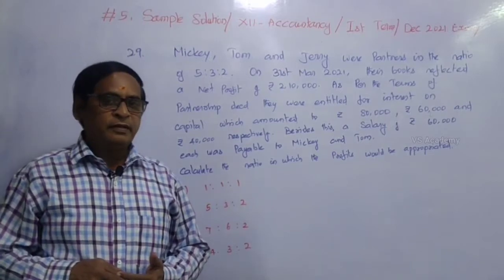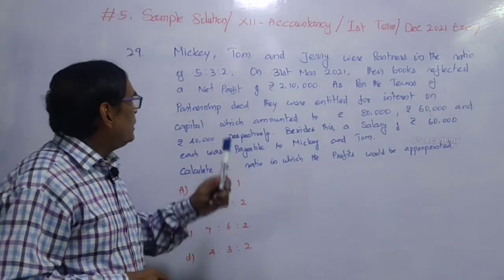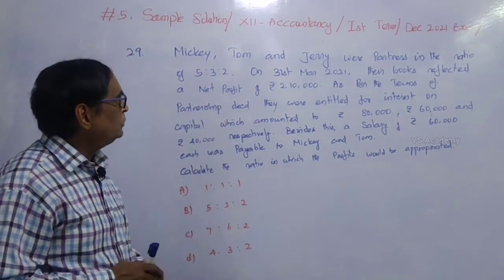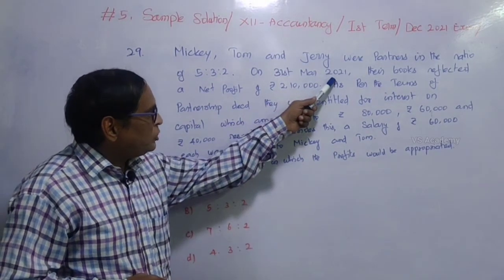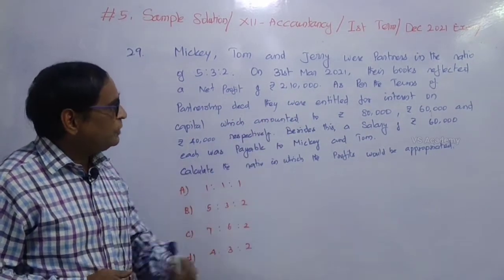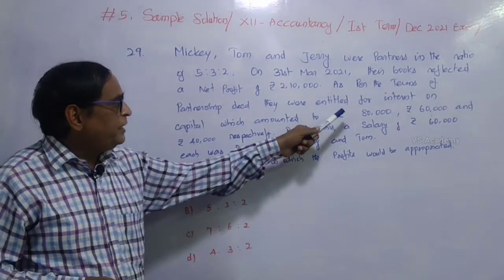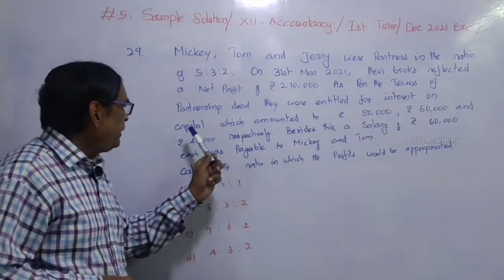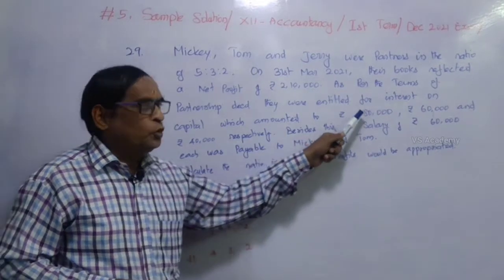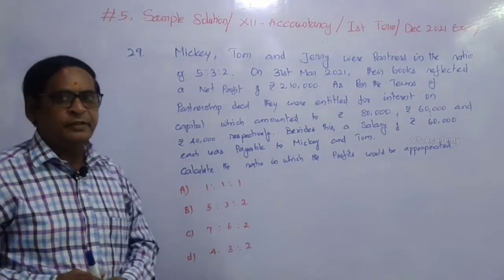Question number 29. Mickey, Tom and Jerry were partners in the ratio of 5:3:2. On 31st March 2021, their books reflected a net profit of rupees 2,10,000. As per the terms of the partnership deed, they were entitled to interest on capital which amounted to rupees 80,000, 60,000 and 40,000 respectively.